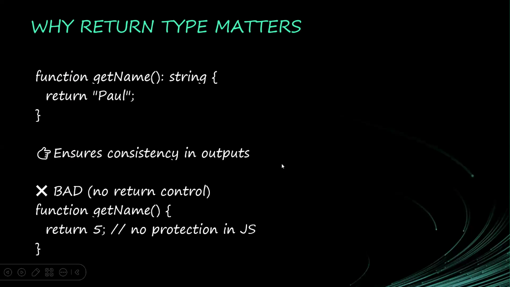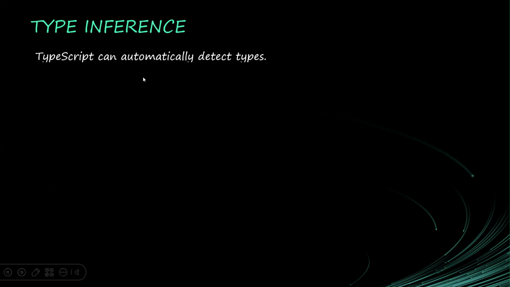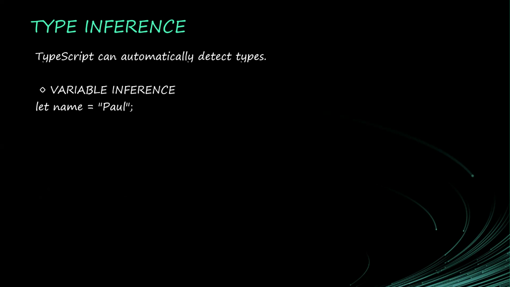All right. So your inputs, your parameters have to be typed. Your return types also have to be typed too. So type inference, TypeScript automatically detects the types. Variable inference, in this case now, TypeScript knows that this variable is a string data type because of the assignment. We are assigning a string value.